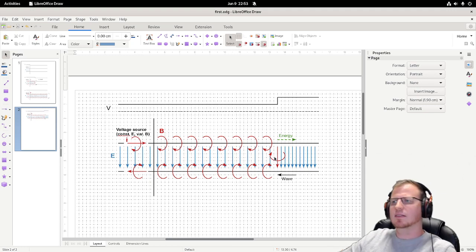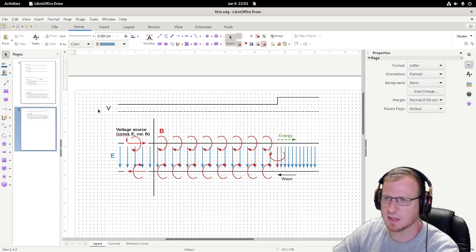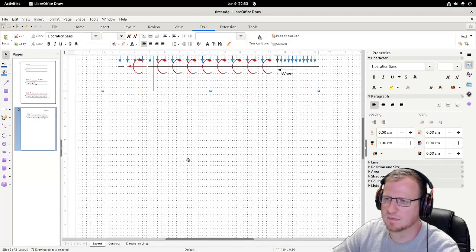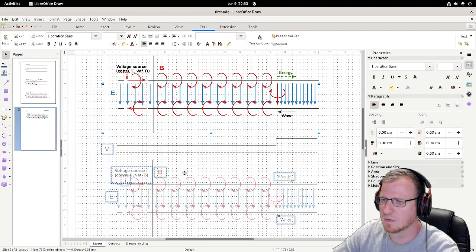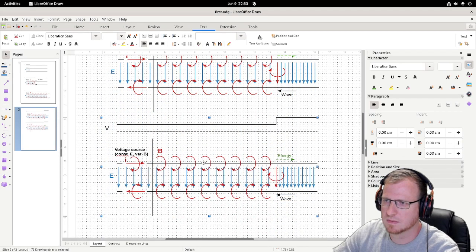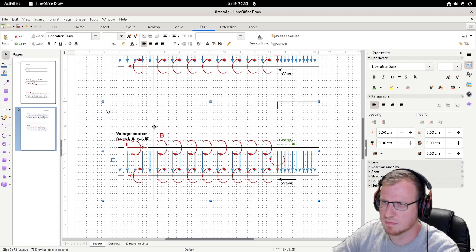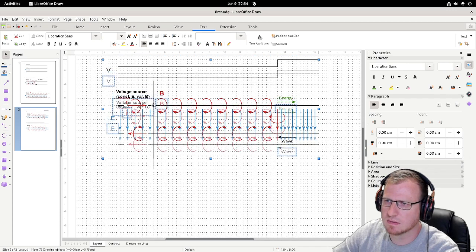And this is going until we reach the voltage source.